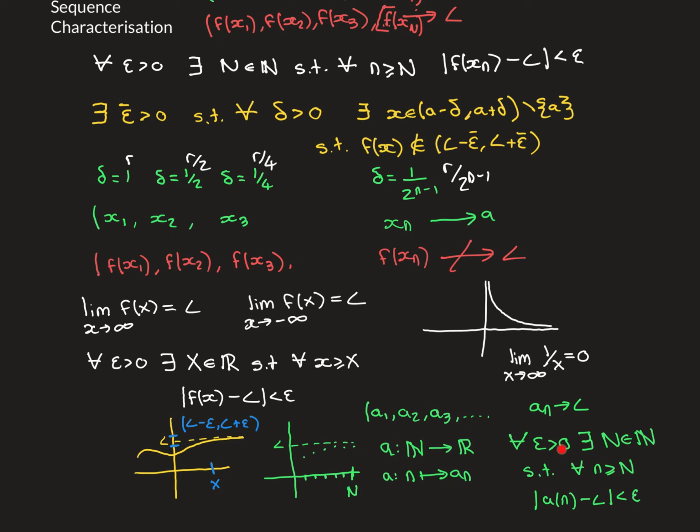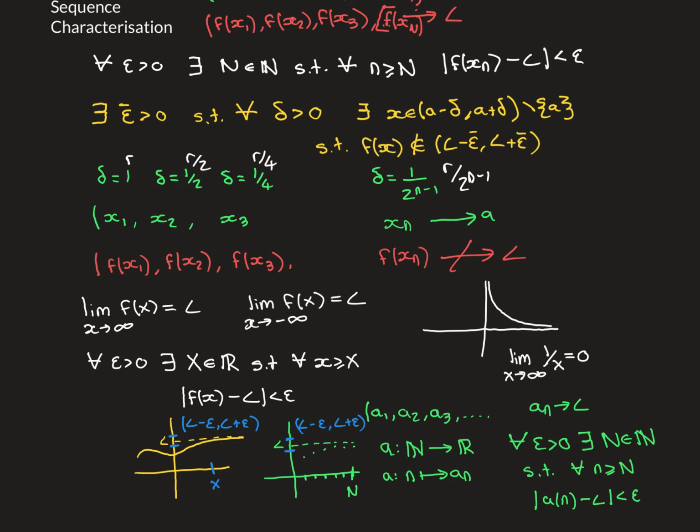For all epsilon greater than 0, there must exist a big N, an element of the natural numbers, such that for all little n greater than or equal to big N, the distance between the term of the sequence, the little nth term, and the limit must be less than epsilon.